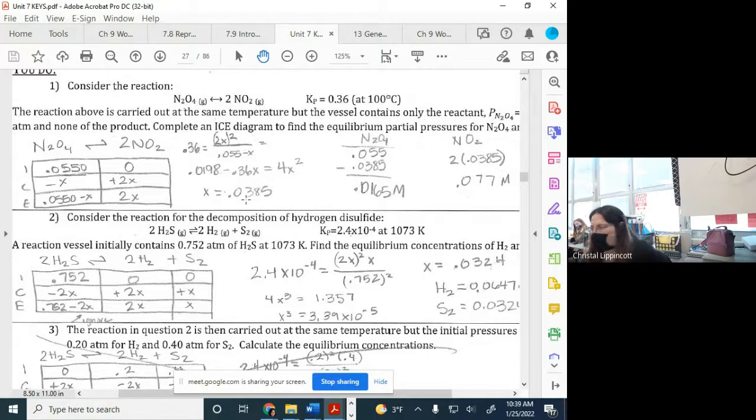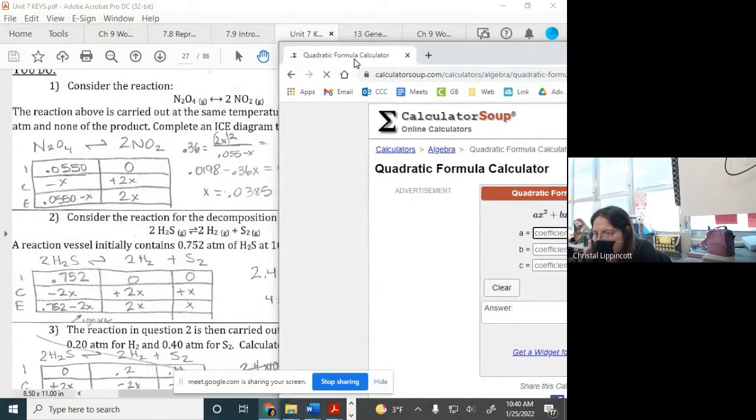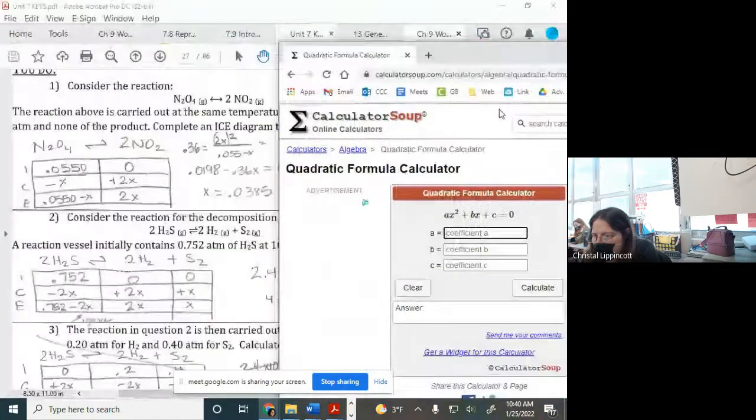I did find my cable, so I can give you guys the quadratic formula, or we can go over here and use this quadratic formula calculator, because they're never going to give you one on the exam, so you would always have access anytime that you need to do this. Okay, yeah, I want you skinny though. There we go.